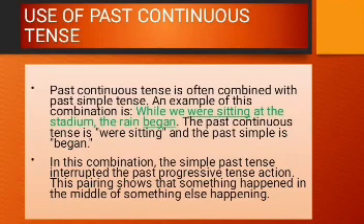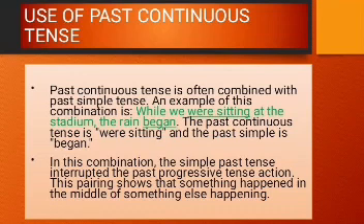In the previous examples, students, you have noticed that the past continuous tense is combined with simple past tense. Here I am going to share another example with you. While we were sitting at the stadium, the rain began.